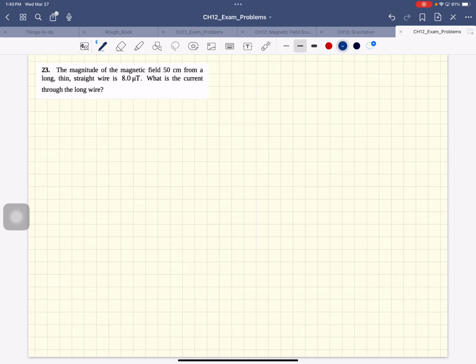Okay, so this problem says, you want to find the current: the magnitude of the magnetic field, 50 centimeters from a long thin wire, is 8 microtesla. What is the current through the wire? So if you have a long straight wire, how are the fields?